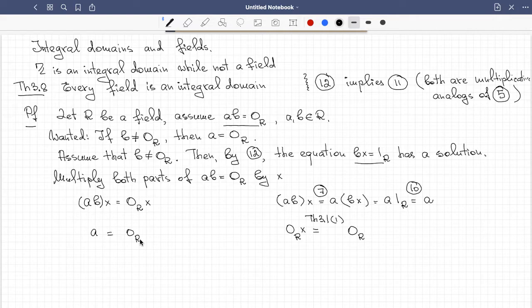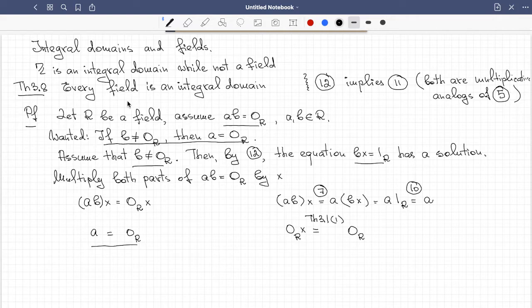So, what we wanted: if B is not 0, then A is 0. We assumed that B is not 0 and proved that A is equal to 0. That's exactly what we wanted here, and thus we proved the theorem.